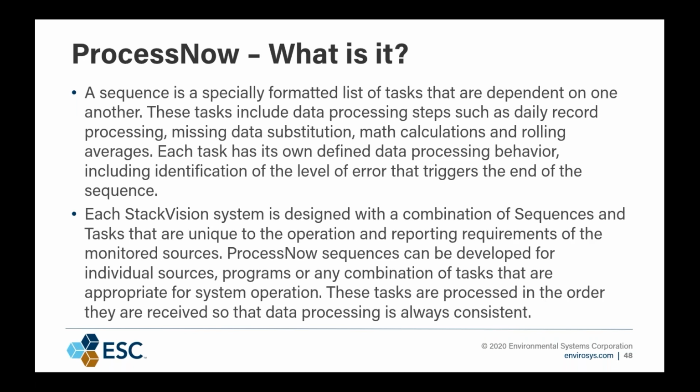Within each sequence, you're going to have quite a few tasks that work in series from the previous task. These sequences will take care of your processing, your accumulation, your missing data substitution, and your rolling averages. Everyone will have a completely different task from one another. The sequences may even be different per unit. So no one attending is going to have the exact same set of Process Now tasks as one another.